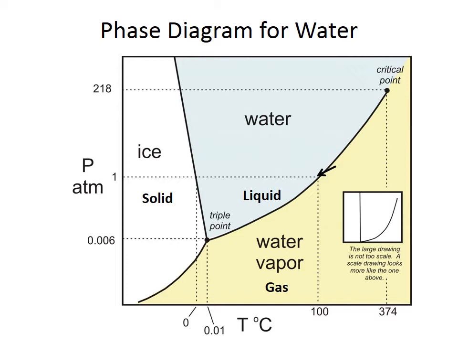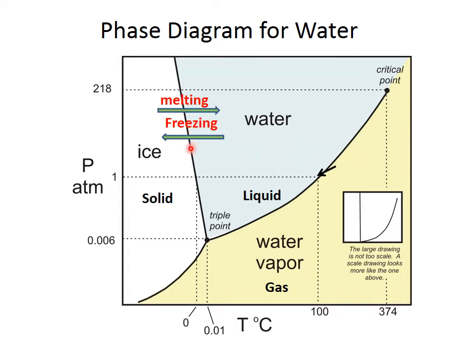So let's look at what happens here. If we're going from solid to liquid, or from liquid to solid, what are these processes called? Well, they're called melting and freezing. So this line represents a point where water is in equilibrium as a solid and a liquid.